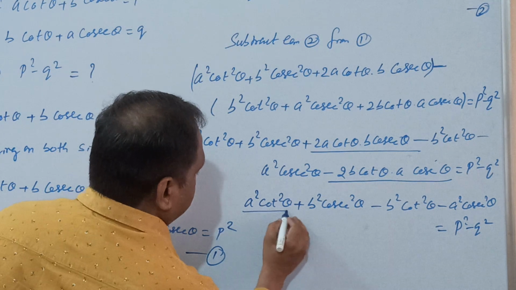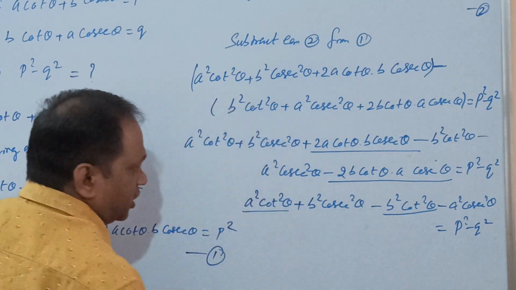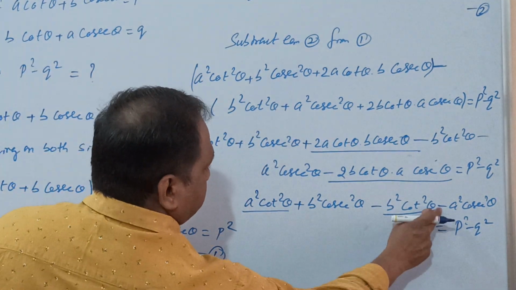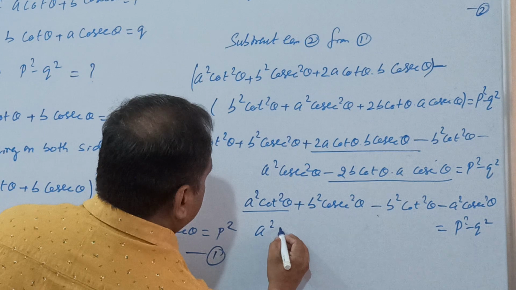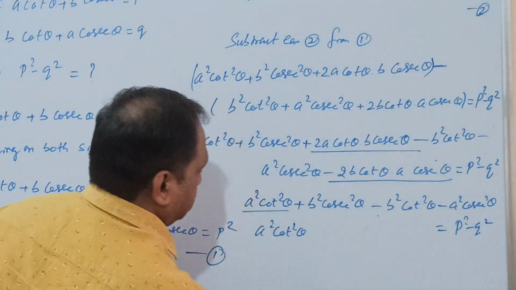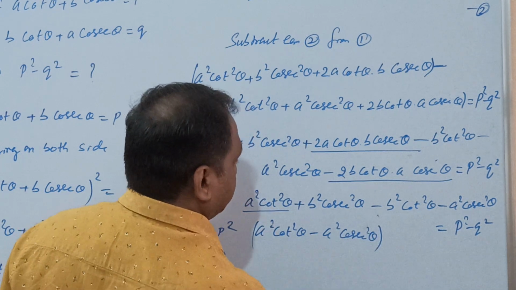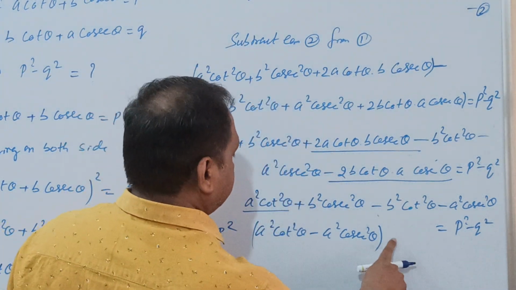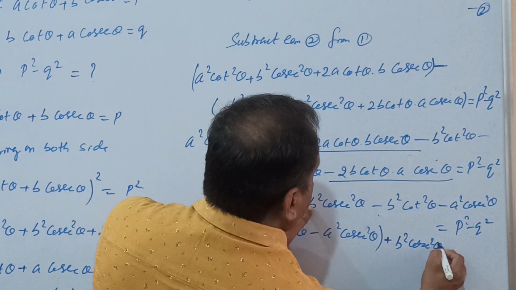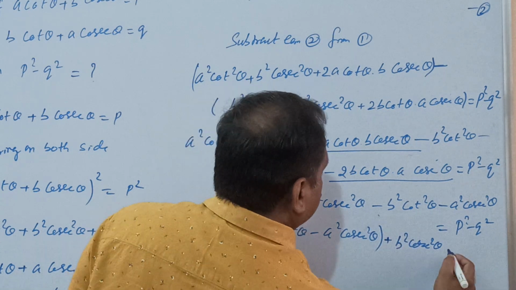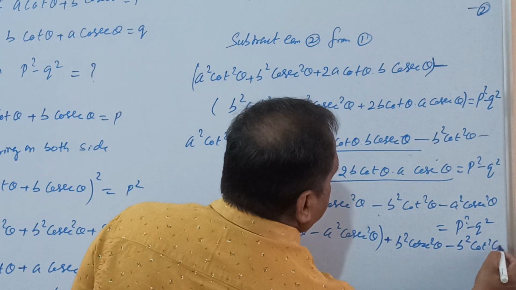Here we have common things: a square cot square theta and a square cosec square theta, which form an identity. Again, plus b square cosec square theta minus b square cot square theta.